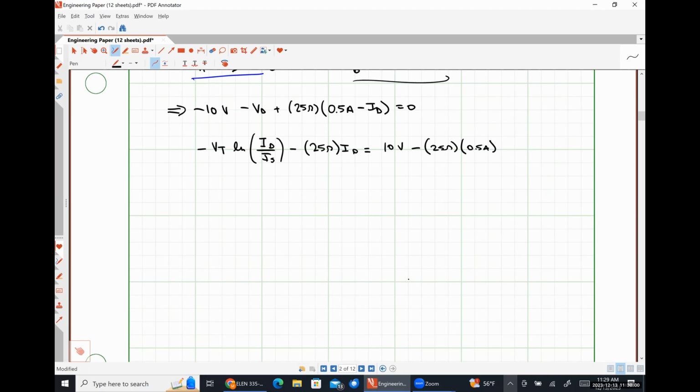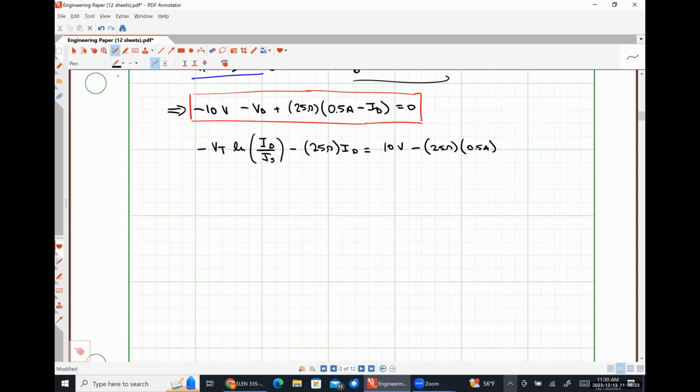So to make my iterative process easier, this is the relationship that I'm going to wind up using.